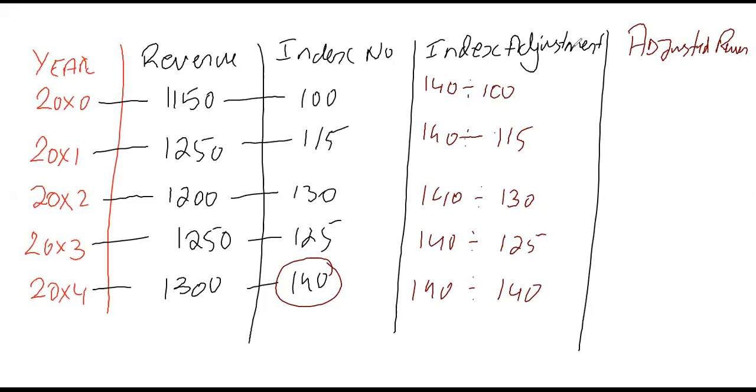Let me open my calculator. My revenue was 1150 multiplied by 140 divided by 100. So I'll get an answer of 1610.